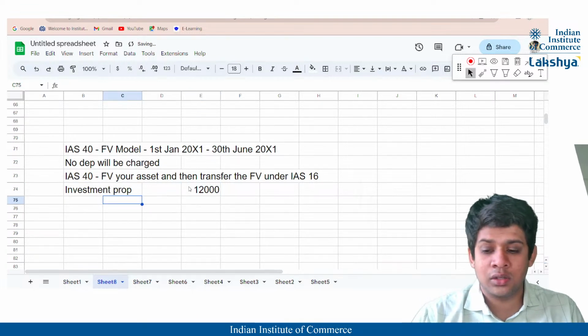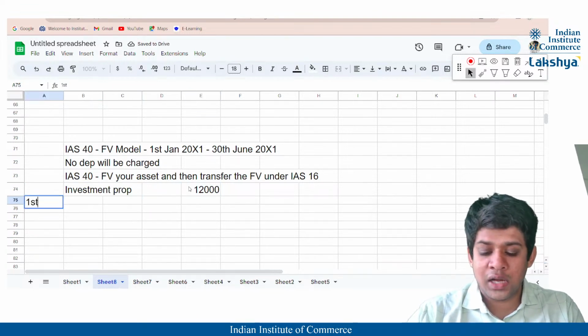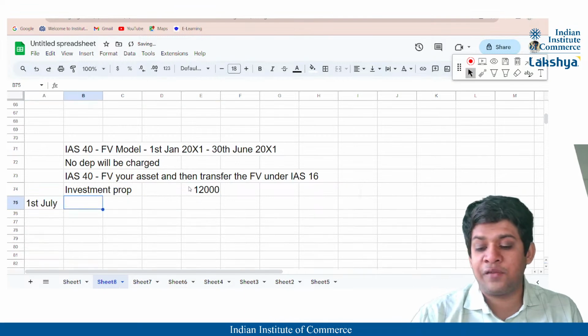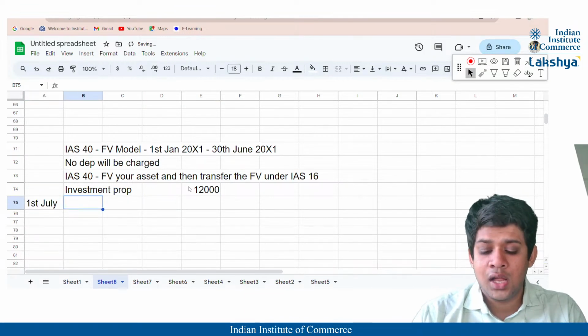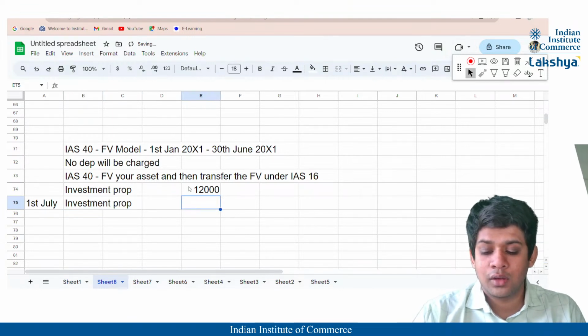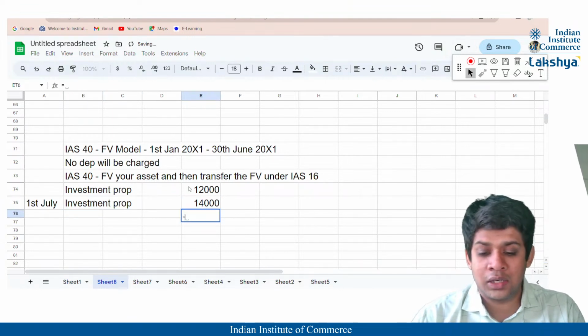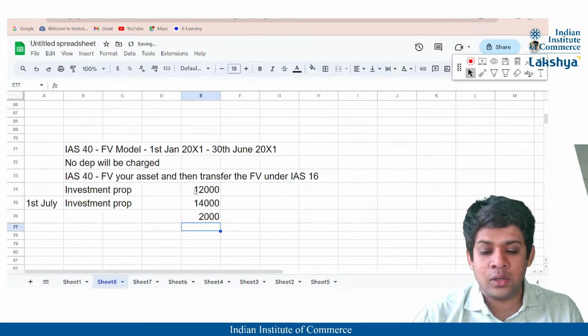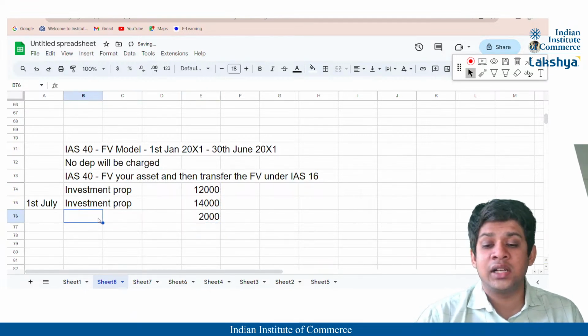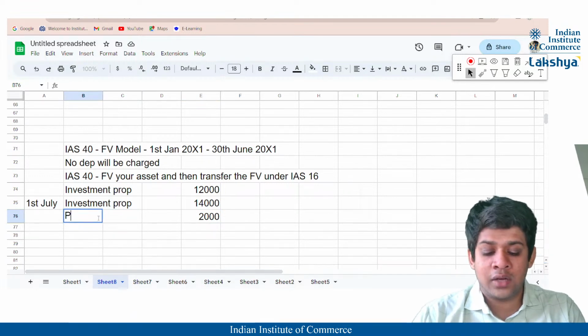I'll write it as 12,000. On 1st July, at the date of transfer, you must have fair valued it under IAS 40 and the investment property fair value became 14,000, or 14 million. That means there is a fair value increase. And since this asset is fair valued under IAS 40, this fair value gain will be taken to P&L as a gain on investment property.